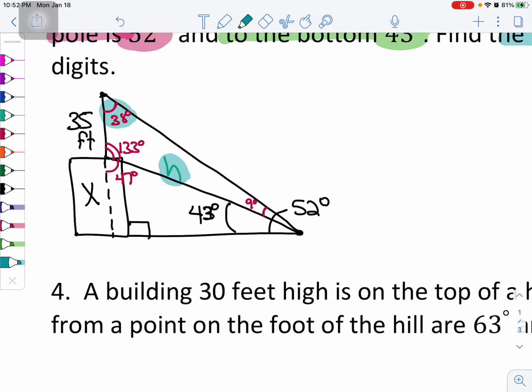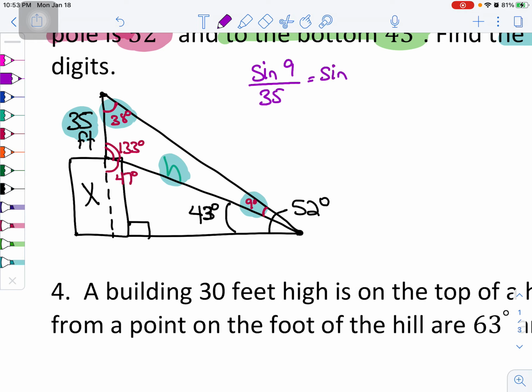H here is opposite to this 38-degree angle. This 9 degrees is opposite to that 35-degree angle. So those are the pieces I'm going to use to set up my law of sines.